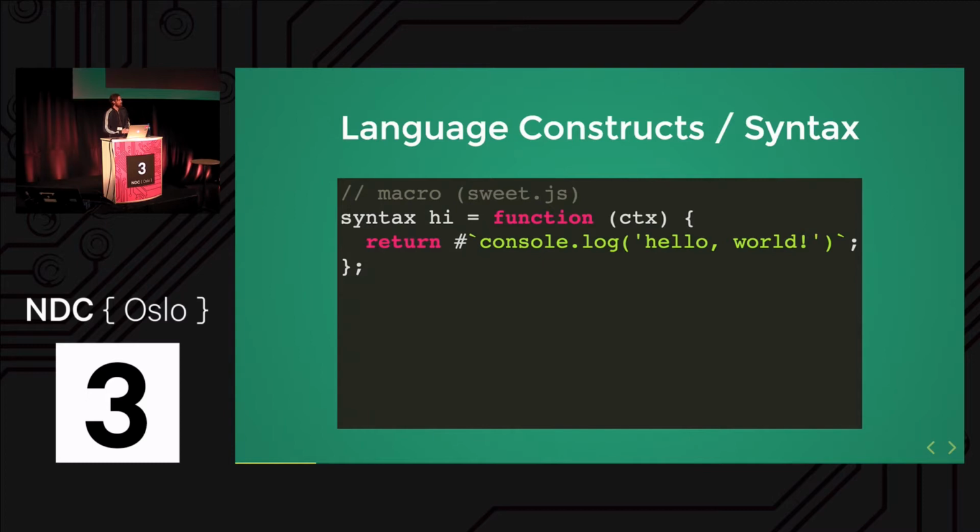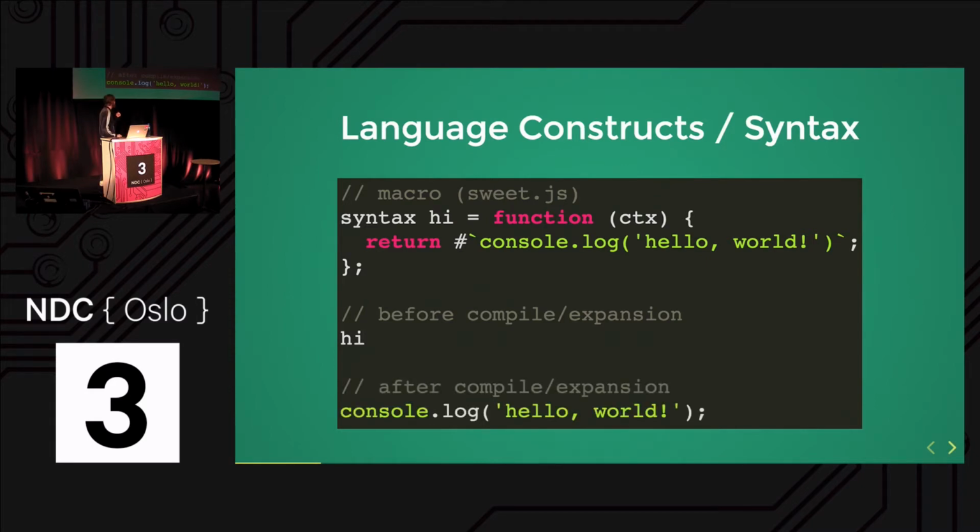So here's an example of a metaprogramming library for JavaScript called Sweet.js, where I define some syntax, and if I use that syntax, it will be expanded to whatever that syntax compiles to. So this is an example of doing macros in JavaScript.